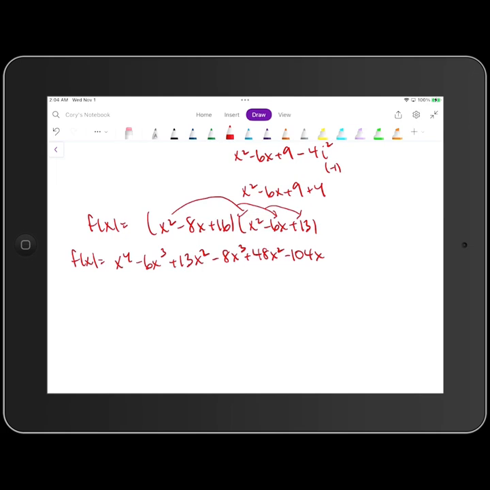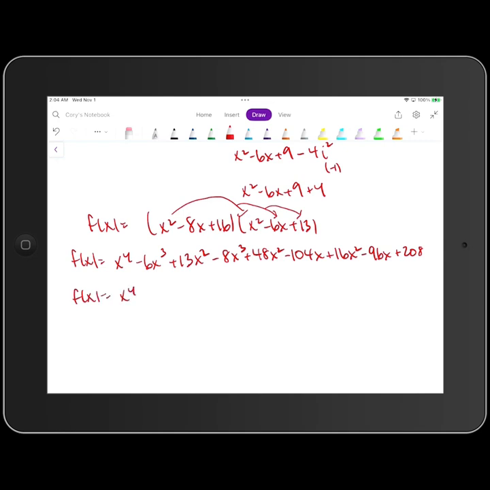So 16 times x squared is 16x squared. 16 times negative 6x becomes negative 96x. And then 16 times 13 is positive 208.